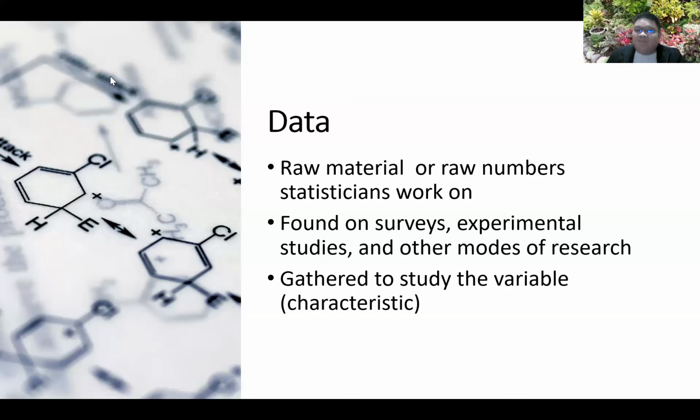And when we talk about the variable, kindly highlight that the variable is a characteristic trait of a certain substance or individual. Okay, when I say variable, it is a characteristic trait of a certain substance or individual. Halimbawa, pag tatanungin kita, do you have a boyfriend? Yes or no? Okay, that's a variable.